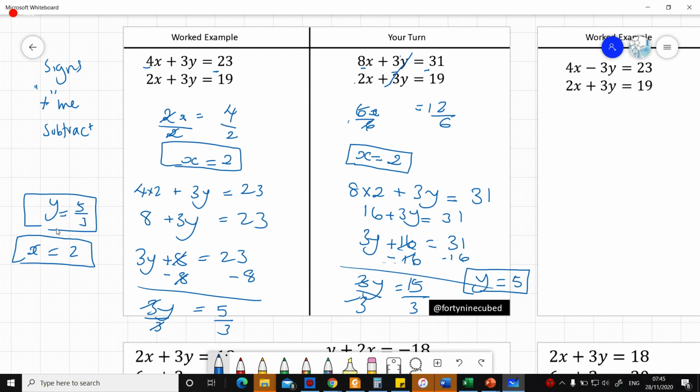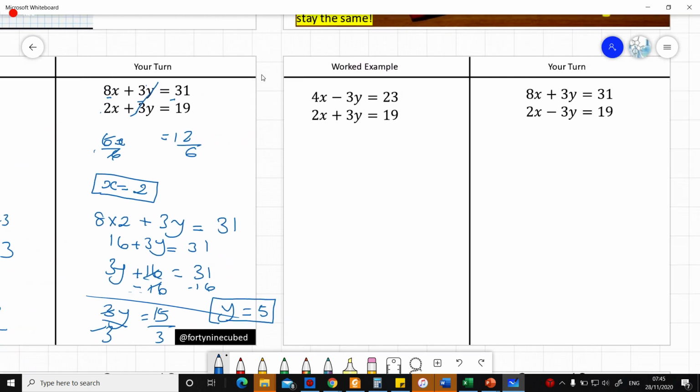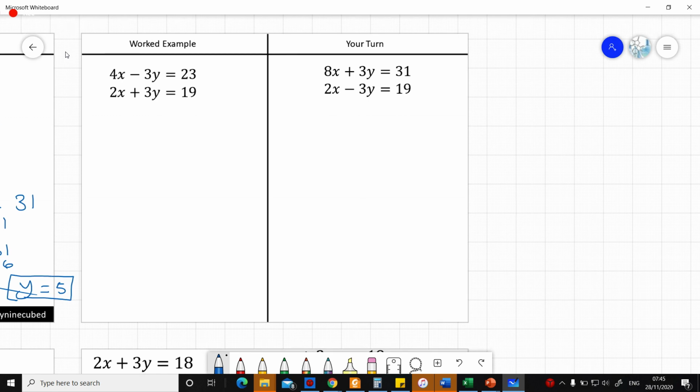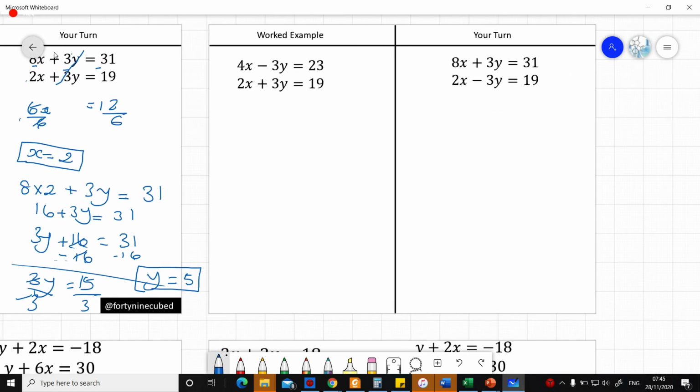Okay, so let's see where we have a little bit of confusion. Let's look at the next example here. If we look at this question compared to this question, we can see the signs are different.